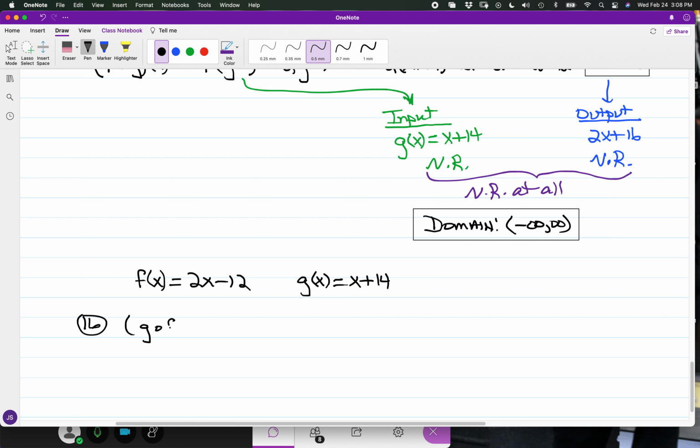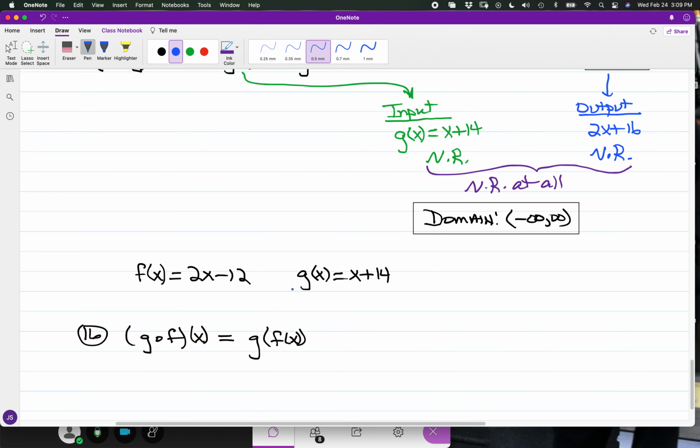So here I'm going to have g composed with f of x. So I'm going to have g of f of x. This time we have the outside function to be g.